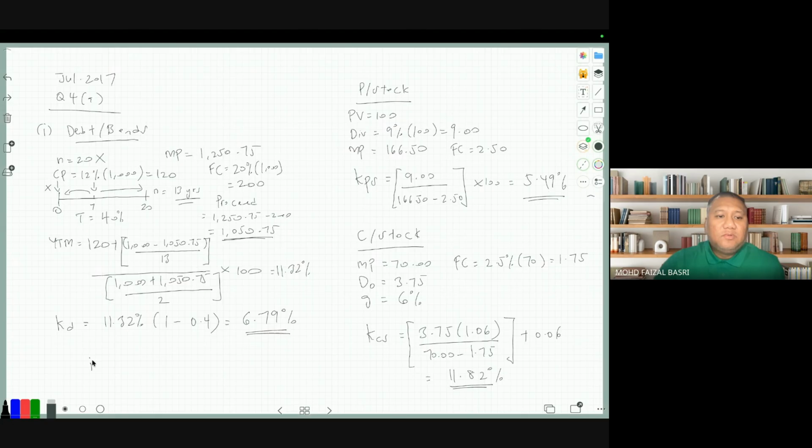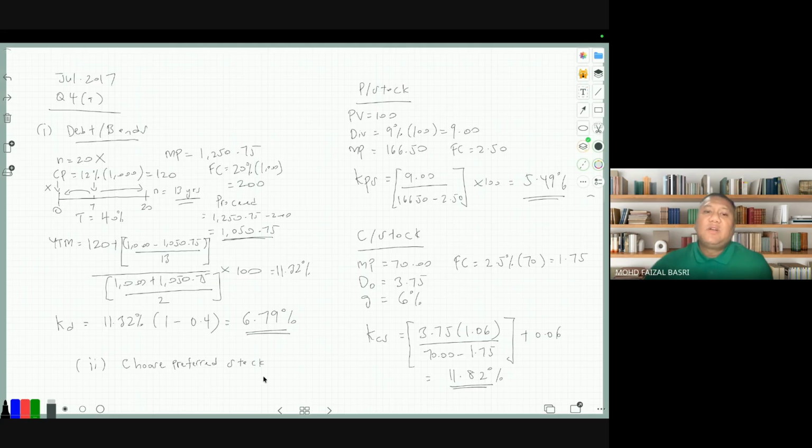So untuk number 2, menjawab the second part of the question, to justify the best choice. So you're gonna first choose satu pilihan daripada 3 ni, and kita akan pilih whichever the lowest. So dalam case ni preferred stock.